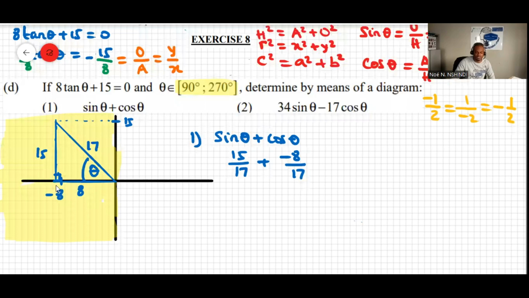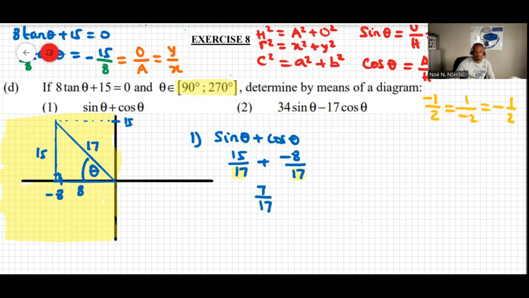Remember, it's 8 units, but we need to be careful when we solve this. Negative 8 over 17, and now the denominators are common, so we can just subtract the numerators. 15 minus 8 is 7, so this is just 7 over 17.